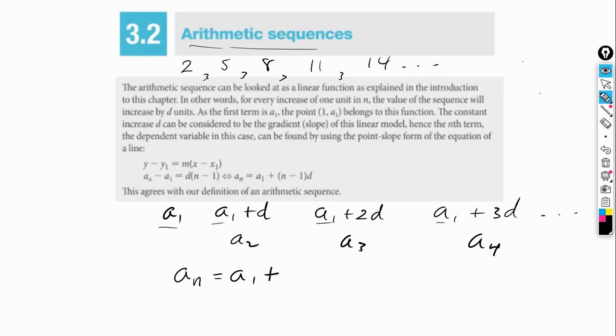Here the index is 2, and the number multiplying d would be 1. Here the index is 3, the number multiplying d is 2. Here the index is 4, the number multiplying d is 3, and so forth. So that means that this would be the index minus 1, so n minus 1 times the common difference.